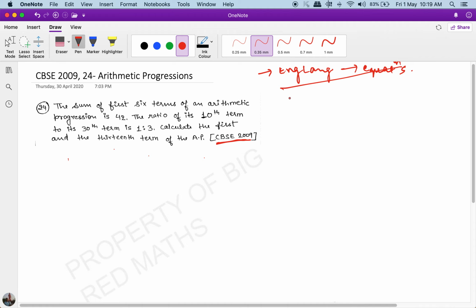The second skill that you need is to know how to solve linear equations in two variables, because when we solve this question, you are going to get two equations in terms of A and D, and then you have to solve those two equations to get the actual solution to the question.